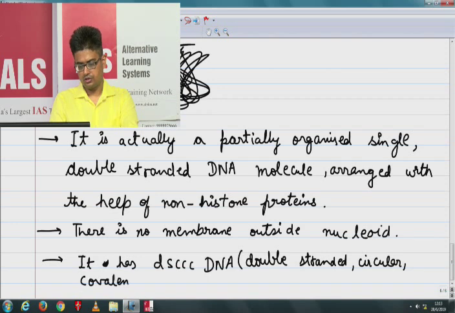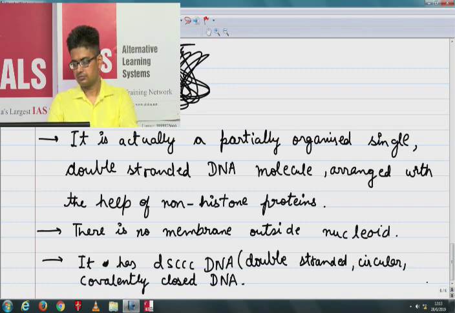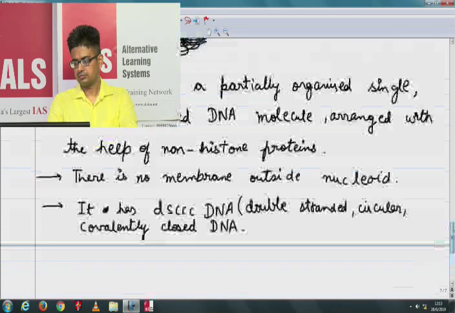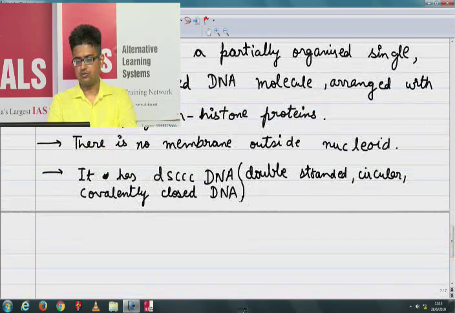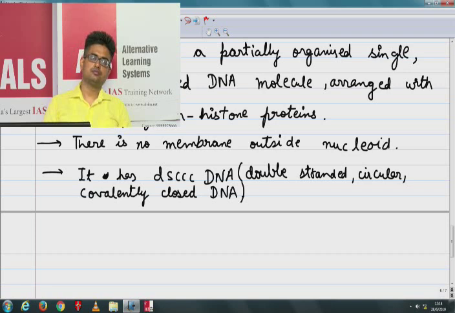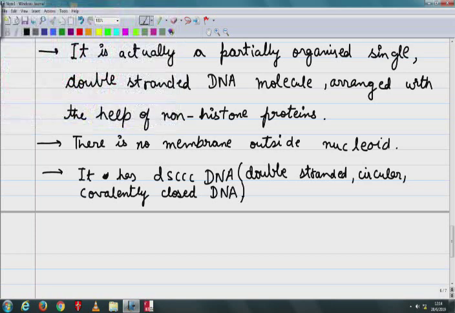Covalently closed DNA. Okay, so this is the full form. Okay, so this is enough for that. Plus non-histone protein.